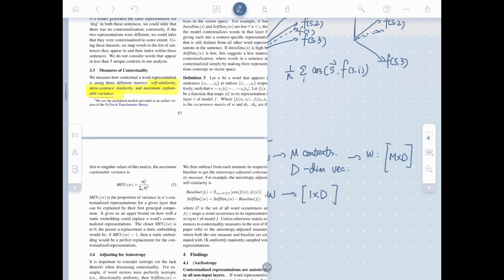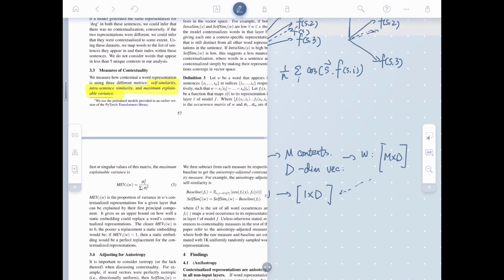So the author in this paper wants to reduce the large matrix into a more simple matrix. So he wants to ask, to what extent can the information be preserved if you do this reduction?